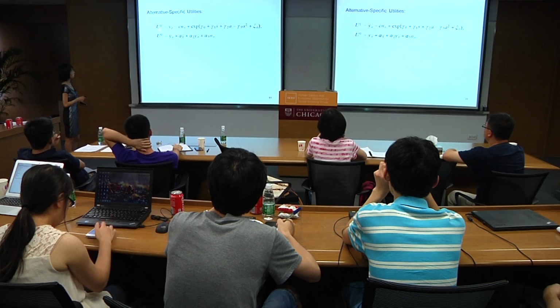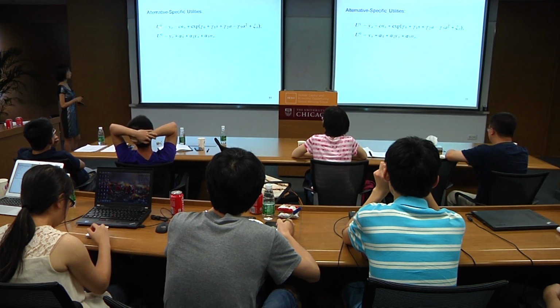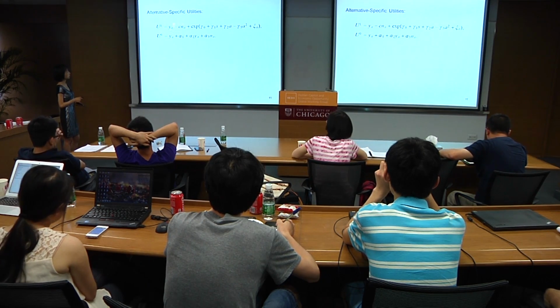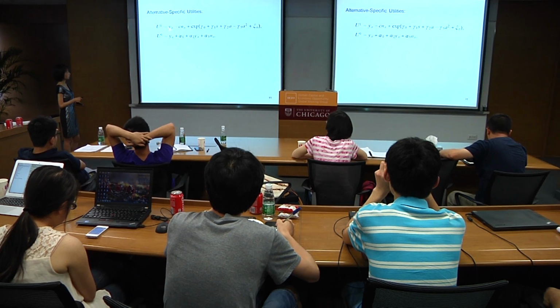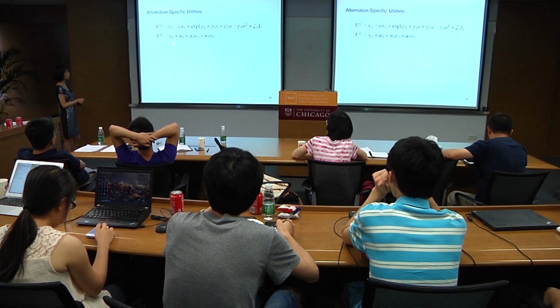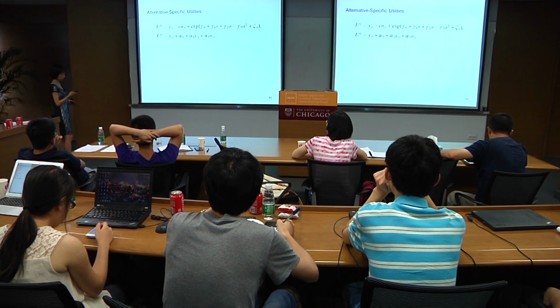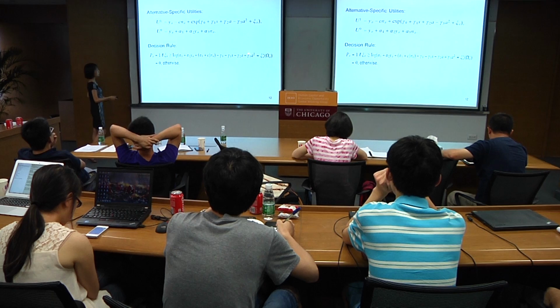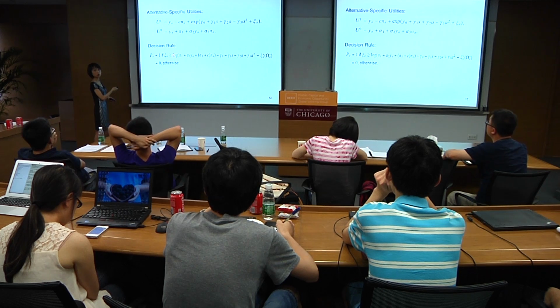So we can use the alternative-specific utilities. If you participate, that's husband income plus your wage minus the childcare cost. And if you don't participate, this is your utility. Then the decision rule is as before. Now we have a cutoff rule on the wage offer.